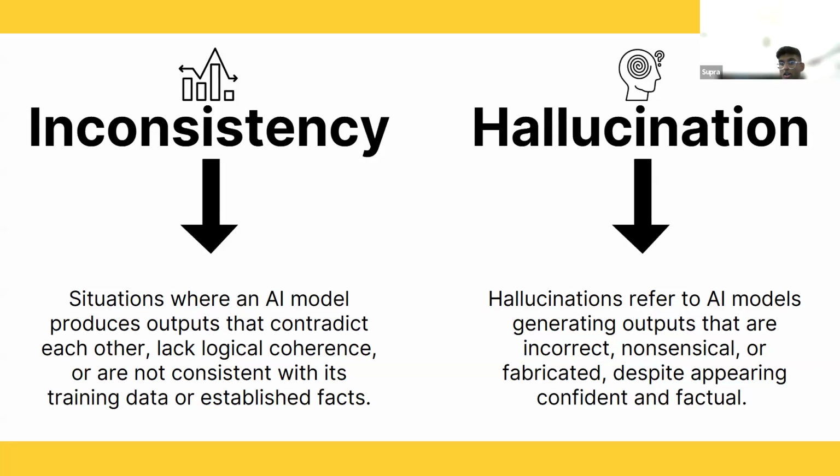One unproven way, it's not very reliable, like I just said, you don't know if it's going to work, to reduce inconsistency is by instructing the AI model to take its time to come up with an answer. People are not sure if this is valid, if it works every time.